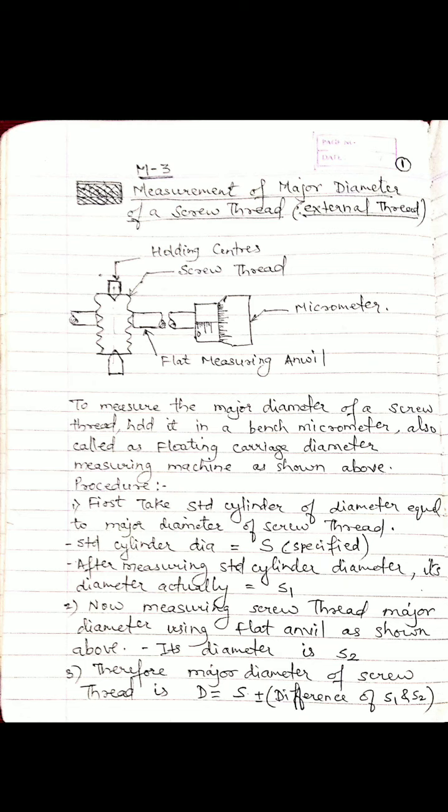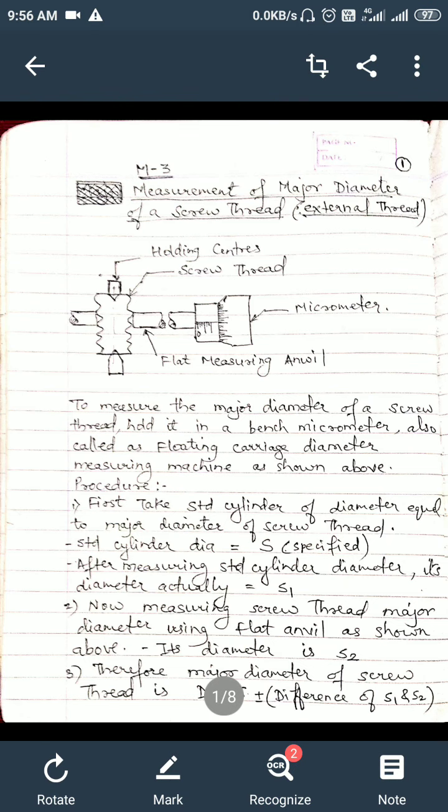After measuring the diameter of the standard cylinder, it was found that its actual diameter is S1, meaning it was something less or more. When I measure it with the bench micrometer, it was found to be equal to S1. S1 is less or greater than S.